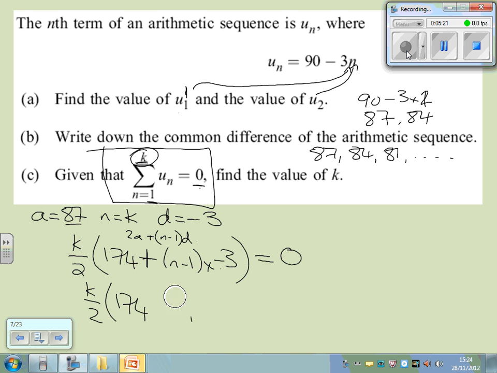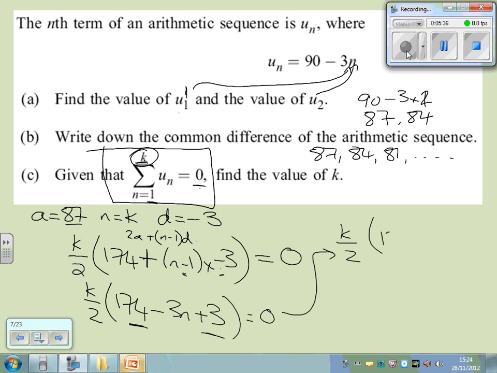So what do we got altogether then? It is 174 minus 3n's and plus 3 here. There's the minus minus that's having it. And that needs to equal 0. So it says k over 2, lots of, let's work this out, 177, take away 3k, equals 0. That should be a k, shouldn't it? n was k.